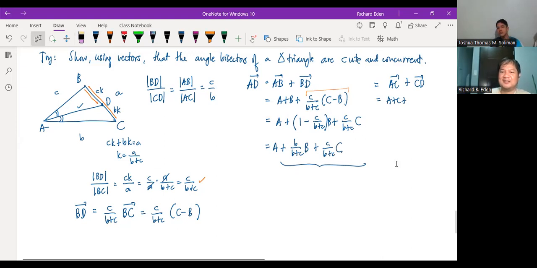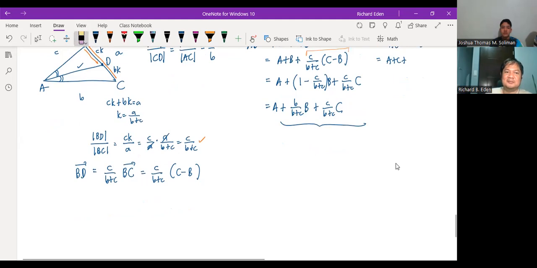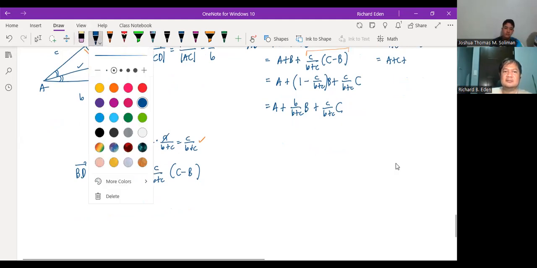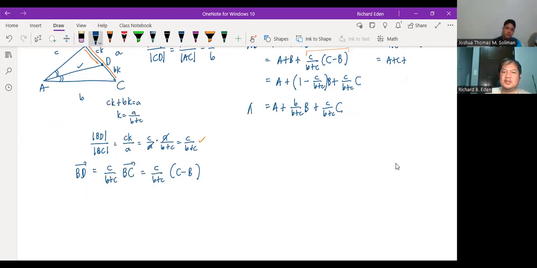Looks better now. So that's AB. Okay, so this is AD.